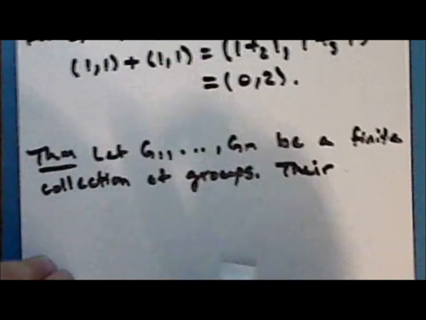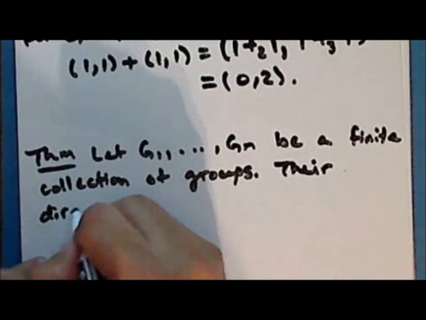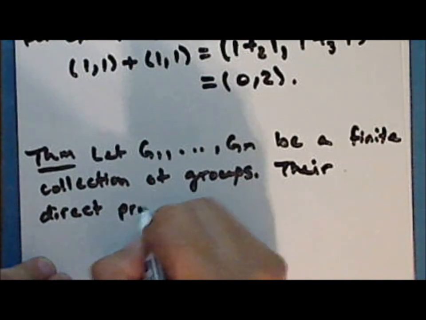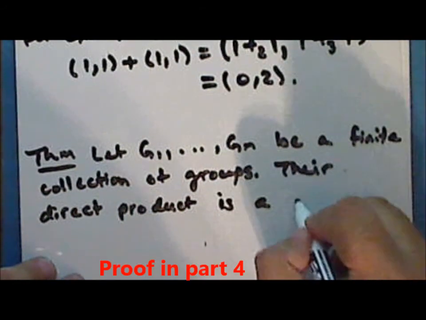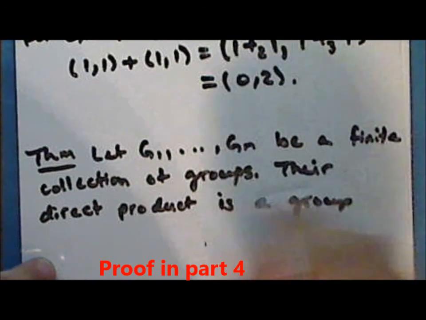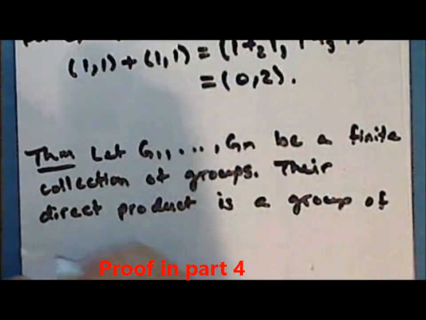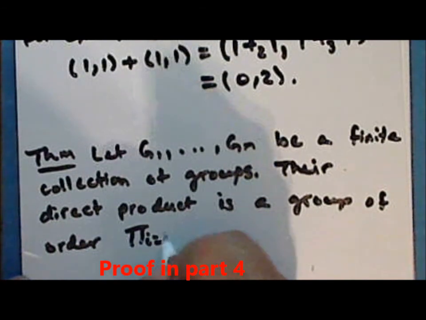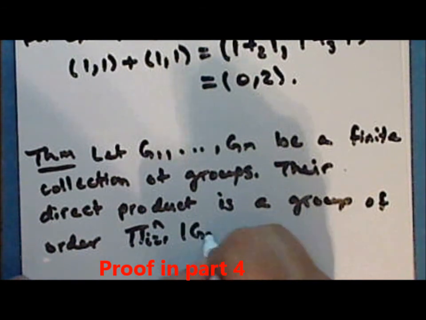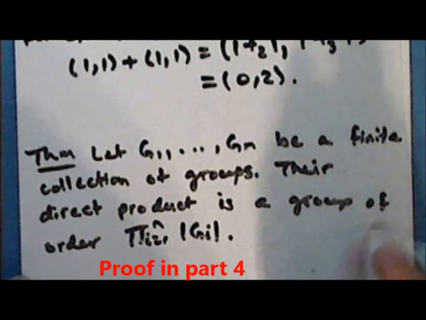Their direct product is itself a group of order the product of the orders of the factor groups.